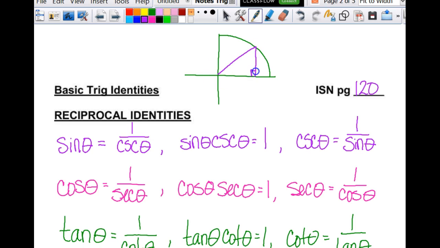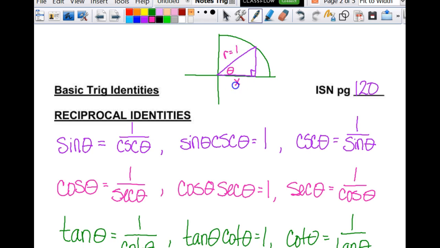Remember when we looked at our unit circle, that angle right there is our theta. What is this length right here? 1. It's the radius, and since it's the unit circle, r equals 1.